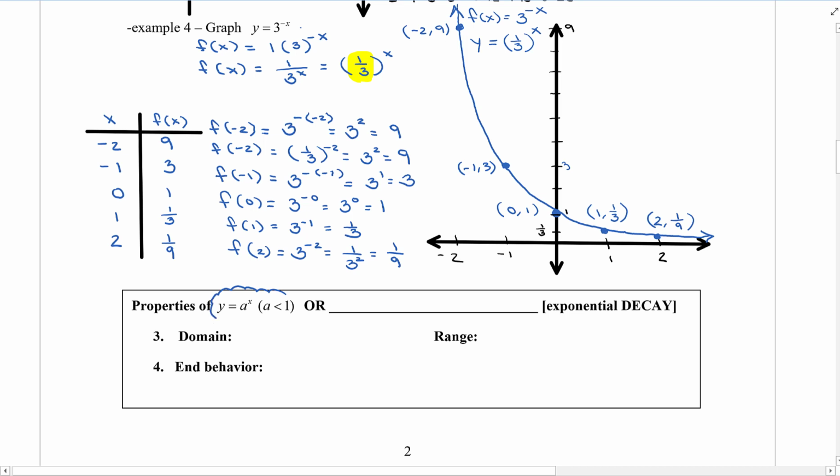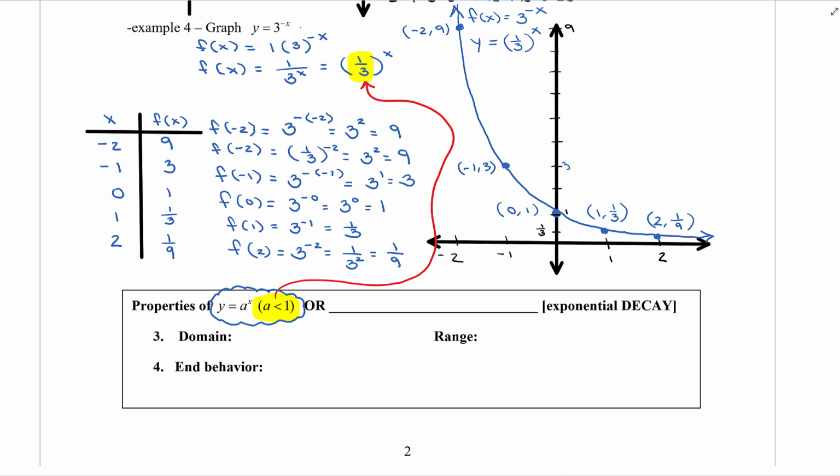Properties of y equals a raised to the x, where a is less than 1. I have drawn a cloud around the equation y equal to a to the x power and the inequality a is less than 1. And I have highlighted the a is less than 1, drawn an arrow pointing up to the 1/3, and I've also highlighted the 1/3 in yellow in the problem that we just did.